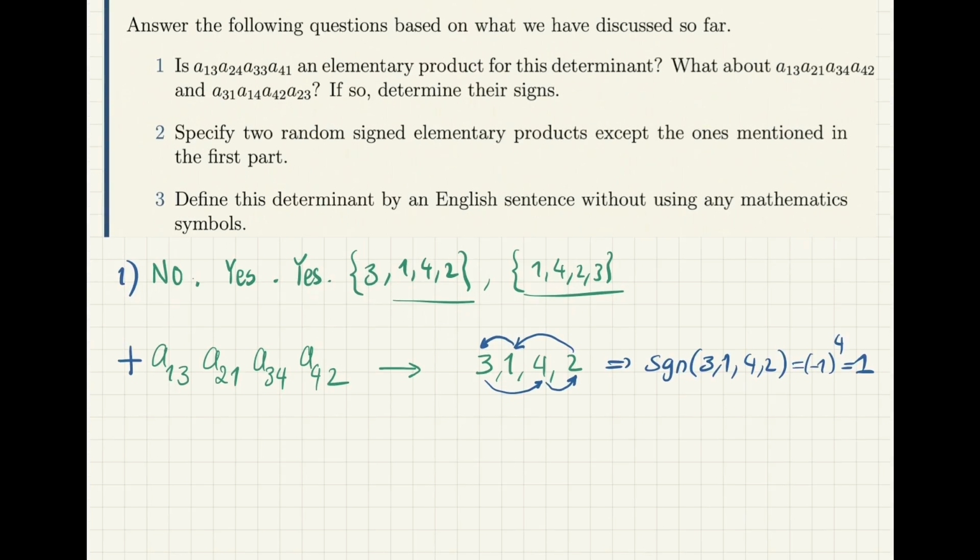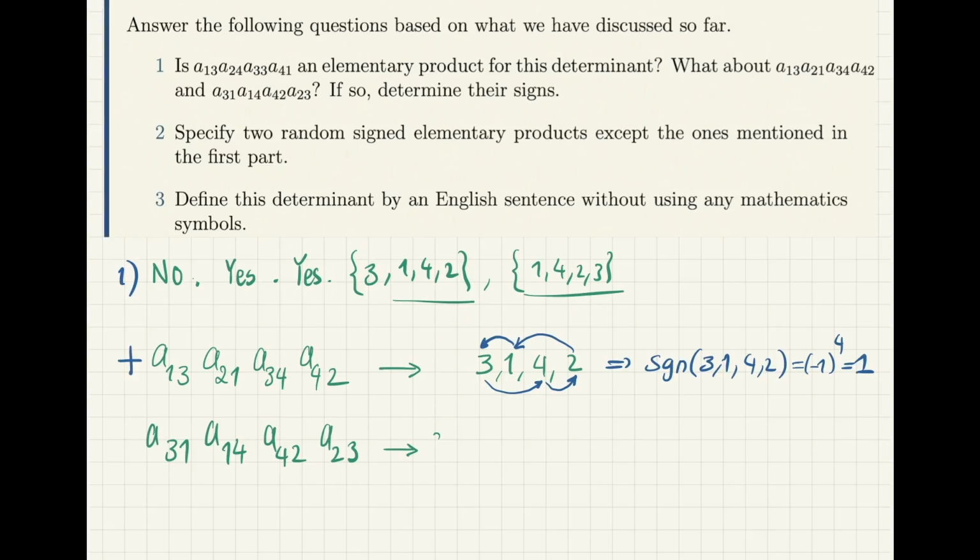Yes, for example, the second one. What is the second one? It's A31, A14, A42, and A23. So be careful. If you choose 1, 4, 2, 3, it's not correct. It's very crucial. First, you need to put the first indices in order. So, not by transposition, just reorder them.